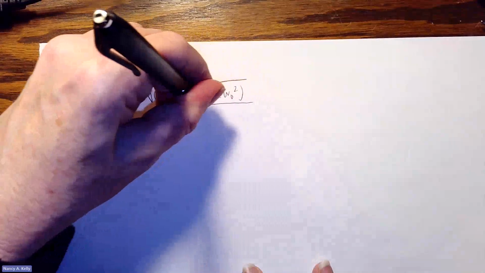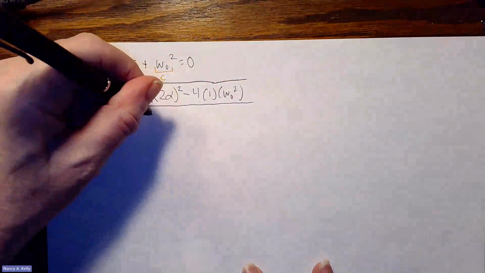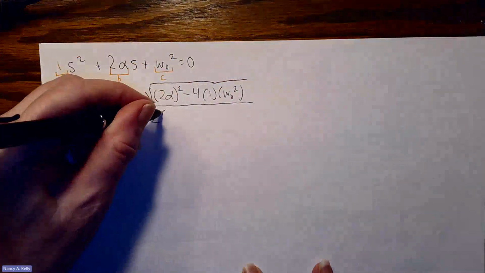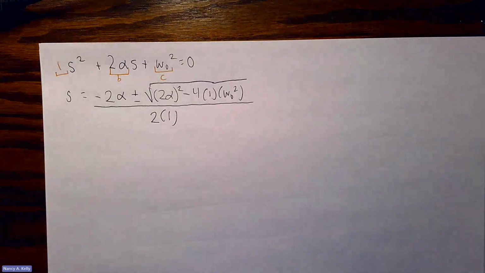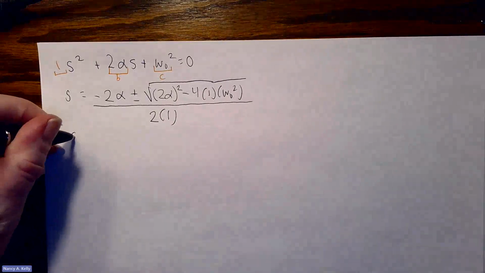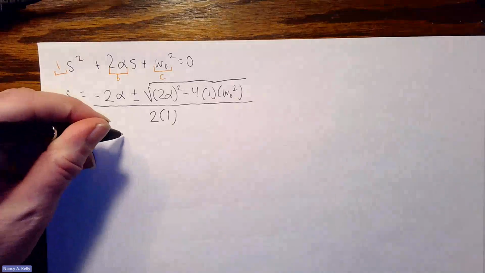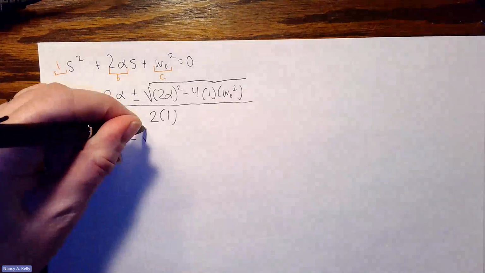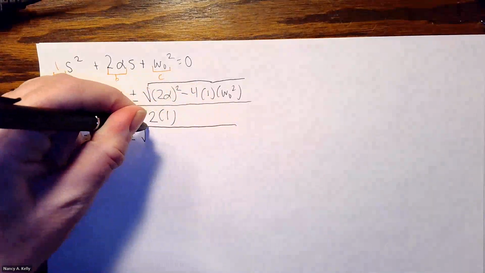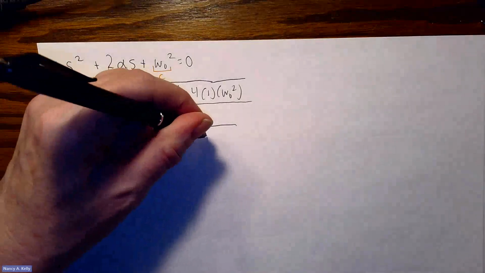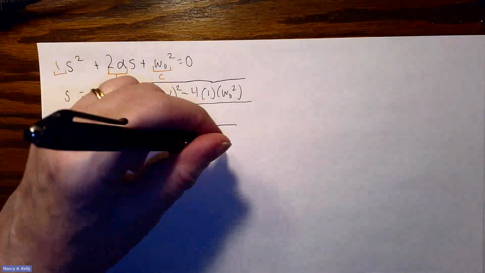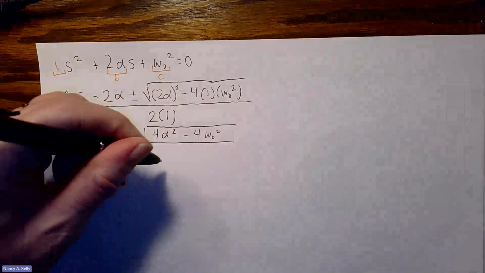And then we put in a dividing line like this, all over 2 times a, that's 1. Okay, so we can figure out what s is, right? s is going to be minus 2 alpha plus or minus the square root of 4 alpha squared minus 4 omega 0 squared, all divided by 2.